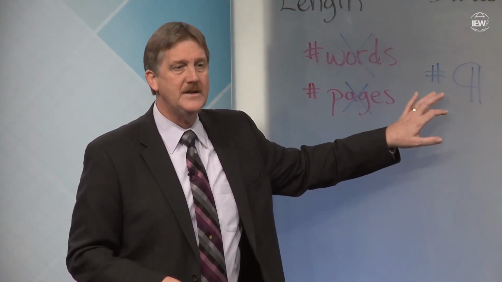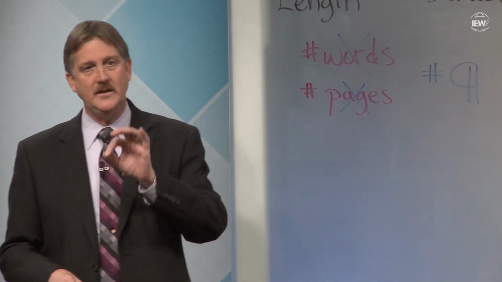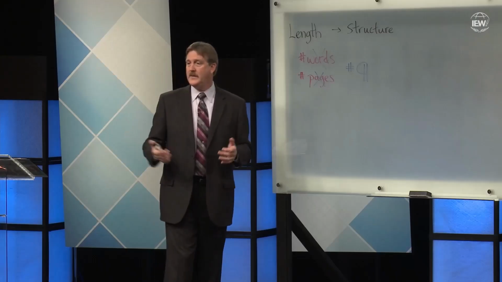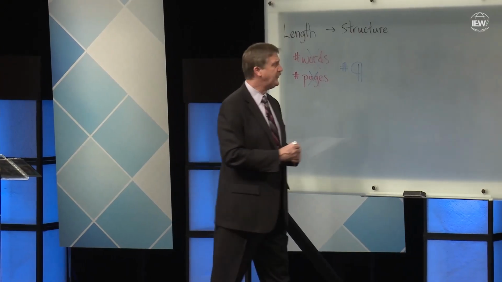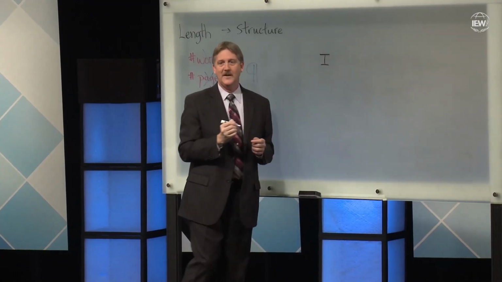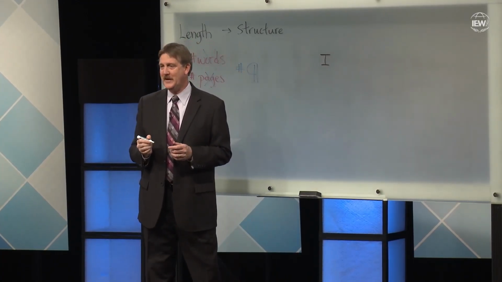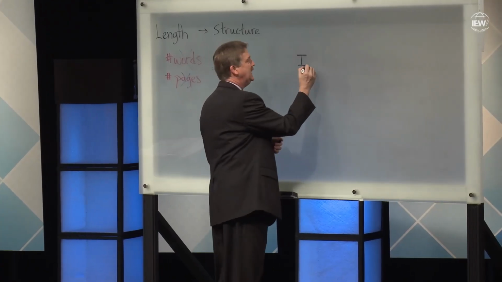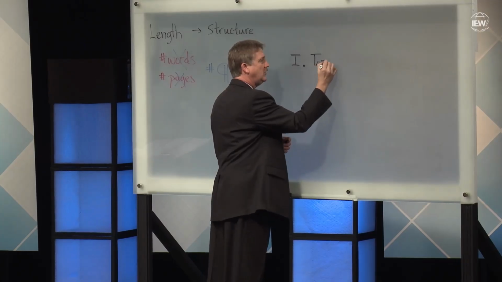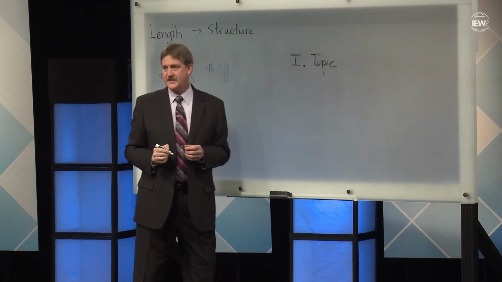Now, if you're going to say, write a certain number of paragraphs, you have to define a paragraph. You have to have a model. You have to show them what you mean by paragraph. So this is where you outline purists can breathe a sigh of relief, because we're now going to assign the Roman numeral in the outline the job of holding the topic sentence.